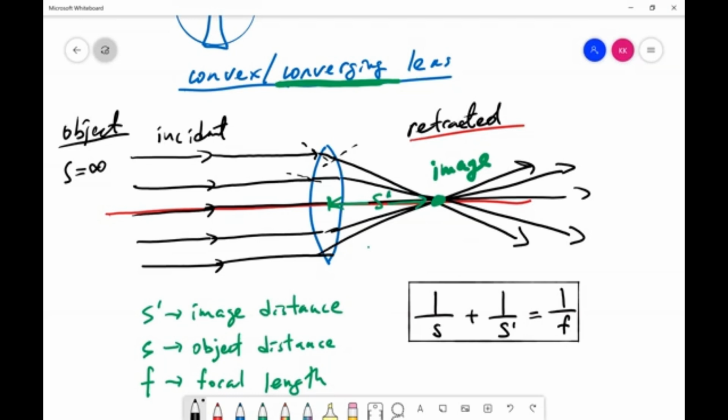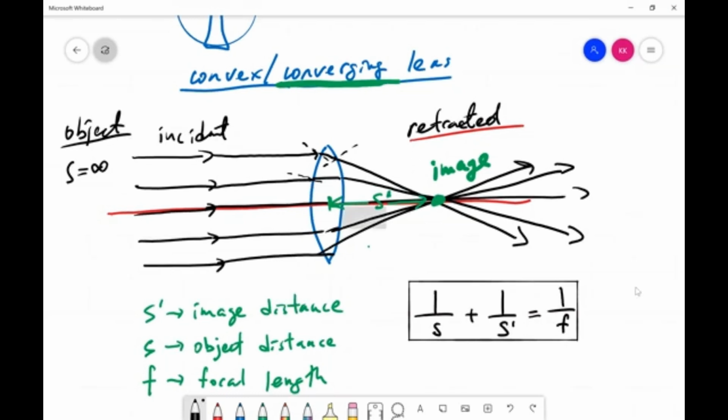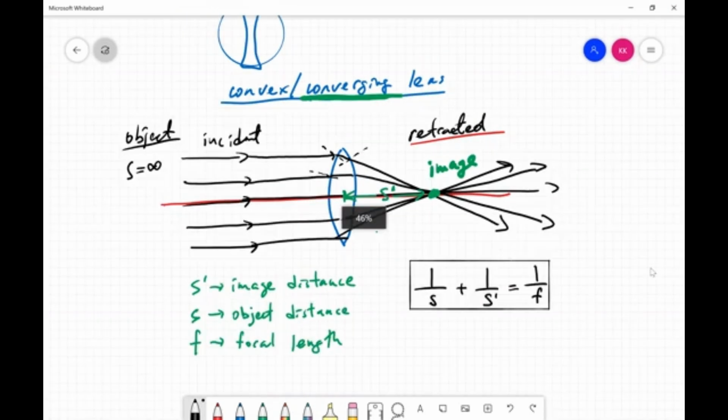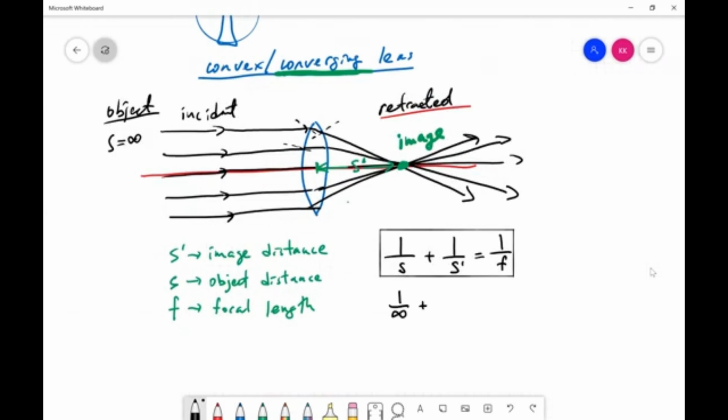So if I rewrite this equation, where I have 1 over infinity plus 1 over S prime equals 1 over F, we can see that this whole term goes to 0. Then 1 over S prime equals 1 over F, or S prime equals F, which means the position where we find the image, assuming the light comes from infinitely far away, is also the focal length of the lens.